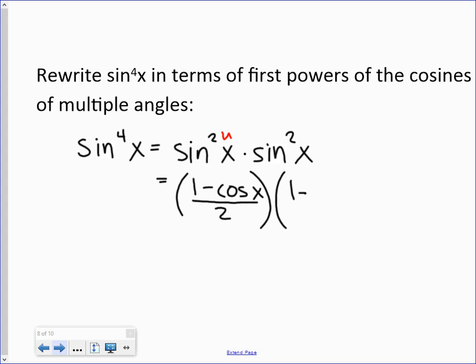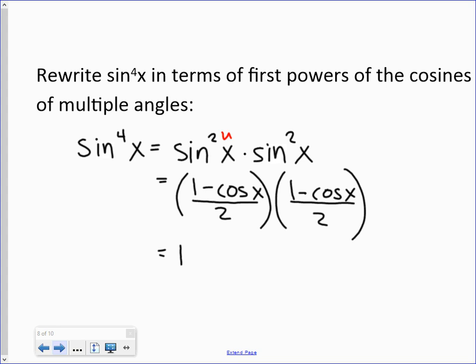squared. I'm going to write it out because we're going to have to multiply it. So I'm going to FOIL the top. I'm going to get 1 times 1 is 1. I'm going to do my outside and insides together.